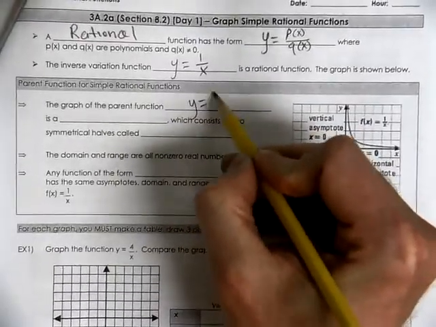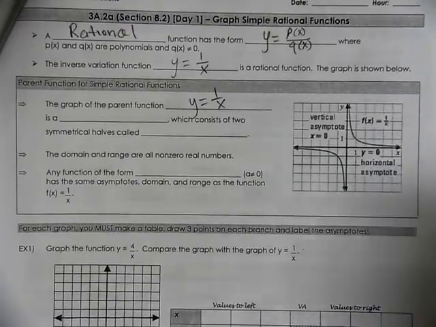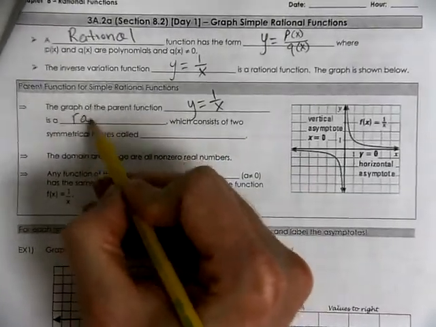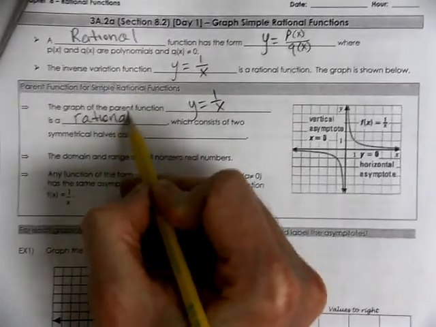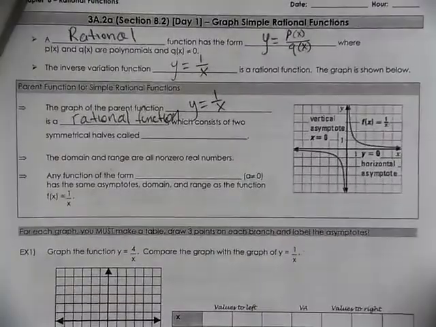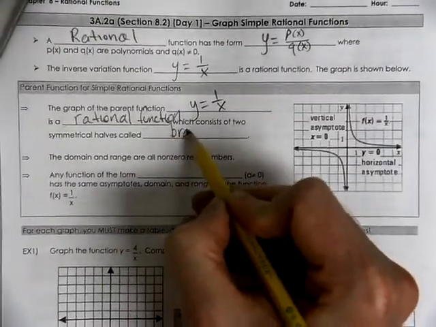So if we have y equals 1 over x, this is going to be a rational function which consists of two symmetric halves called branches.